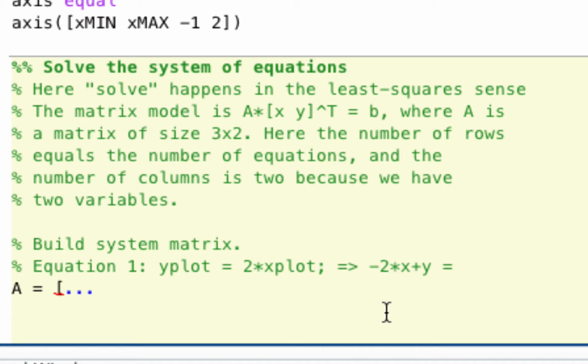What does it equal? 0. Excellent. So we have here minus 2 and 1 is the first row. The 0 will appear in the right-hand side vector B just in a minute.